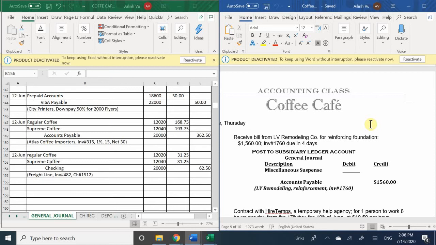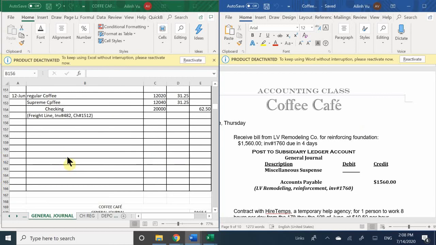I want to dedicate it, and we specifically hired them for this specific job to get the asset ready for service. So what we're going to do is journalize miscellaneous suspense, and because it's a bill and we're not going to pay it just yet, we are creating a what? Accounts payable. Yes, we're owing more money.